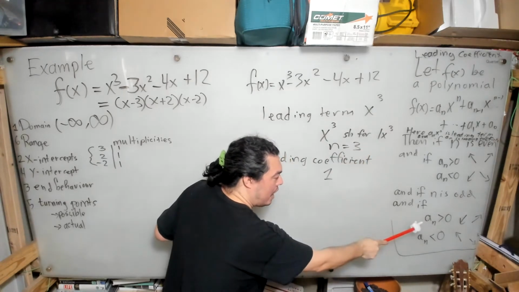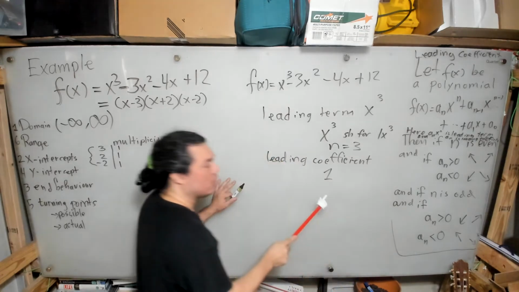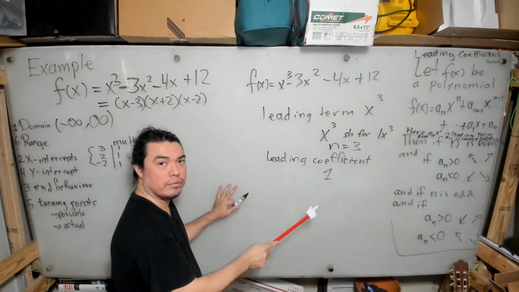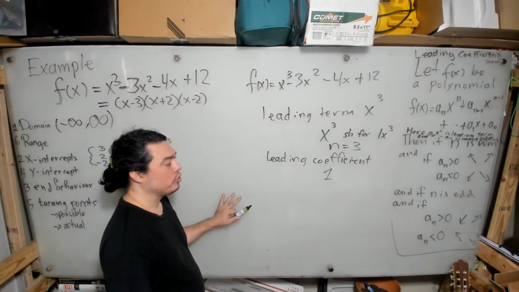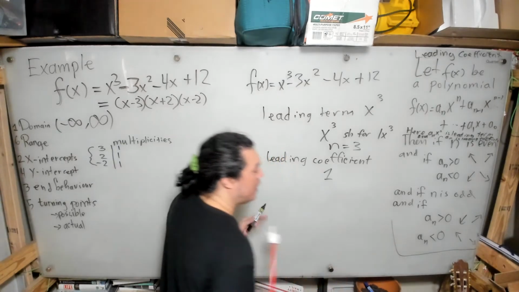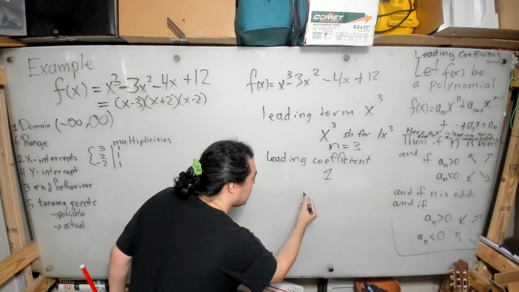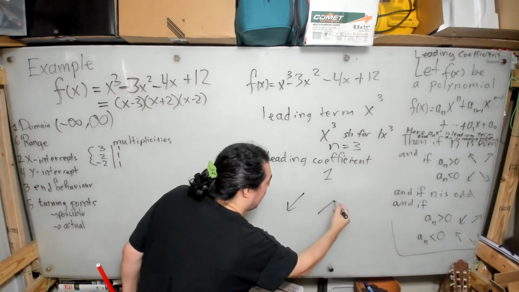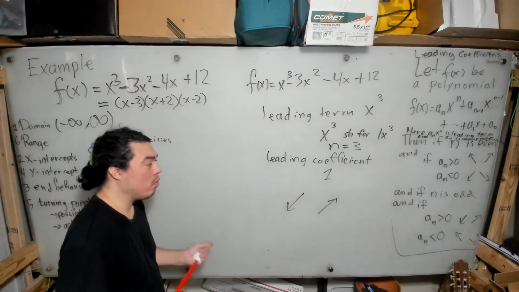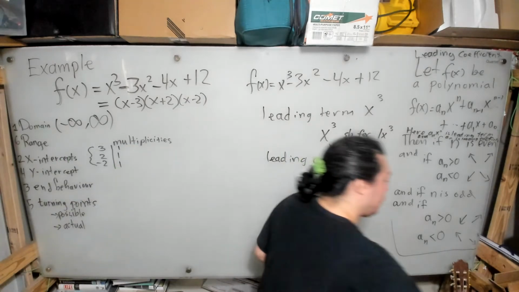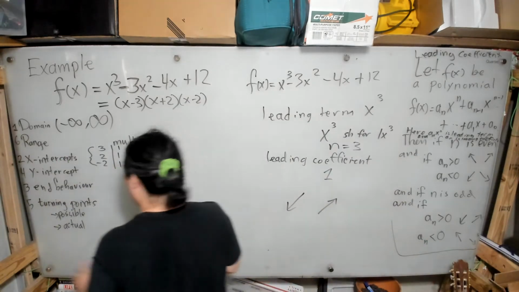Now, is the a sub n positive or negative? 1, positive or negative? It's obviously positive. So here, a sub n is positive. So I know that the graph is going to go down to the left somehow and up to the right somehow.